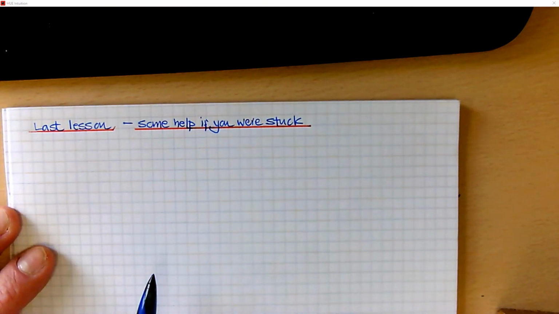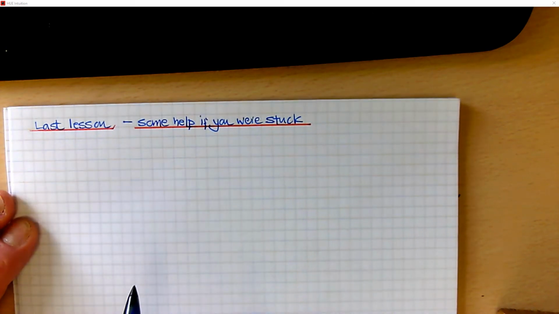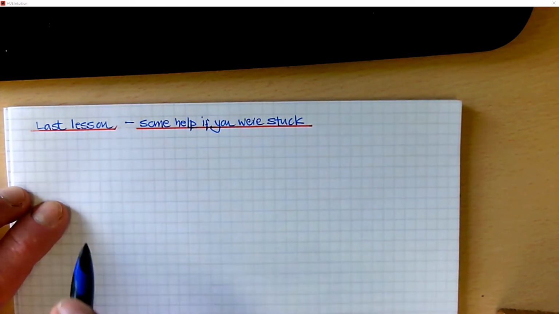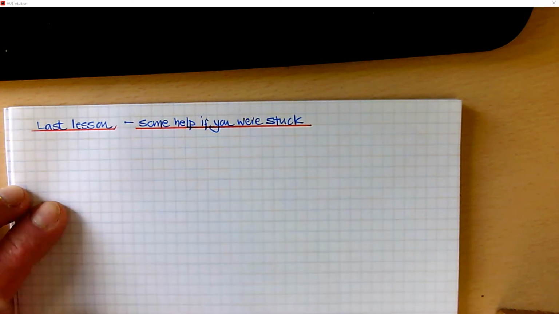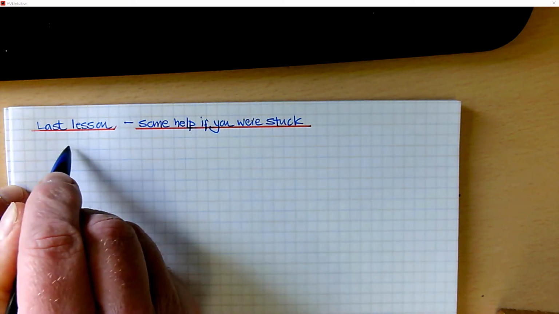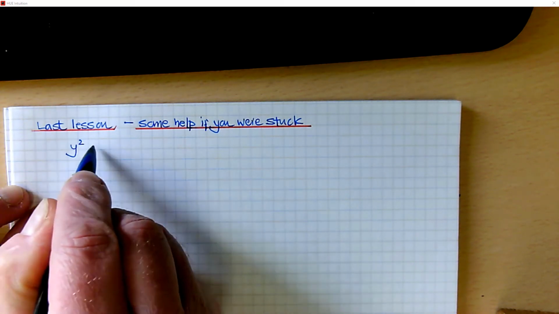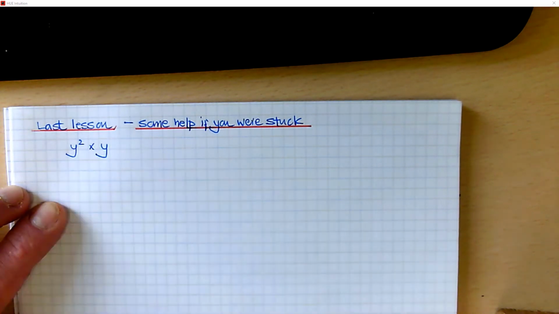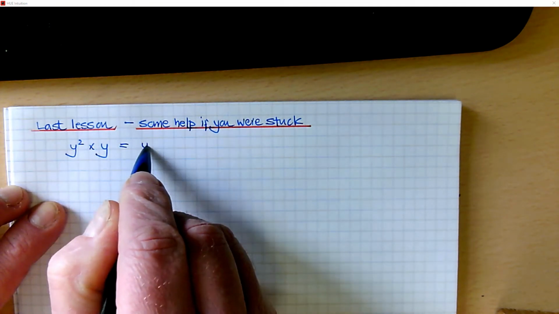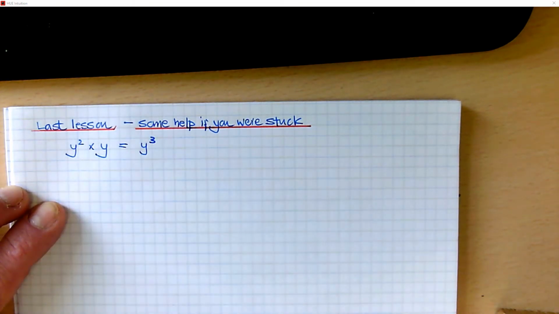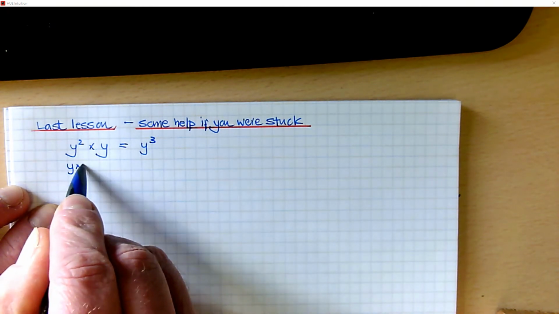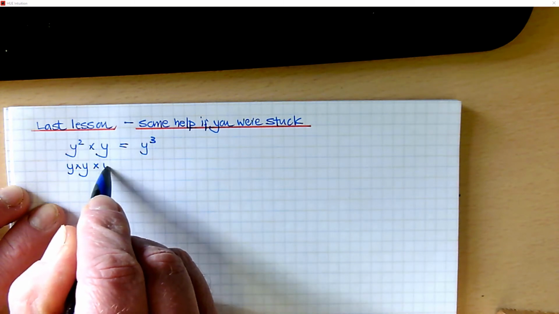So here we go. The first thing we need to do is to know how to multiply different expressions. Because I don't know what part you're not quite sure about, if we have something like y squared times y, that will be y cubed. Why is that? Because this is y times y, and now we're multiplying it by another y.